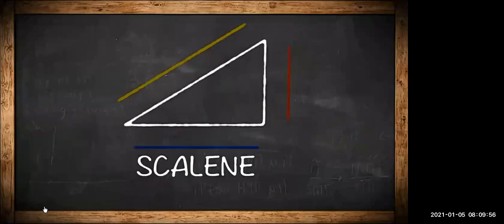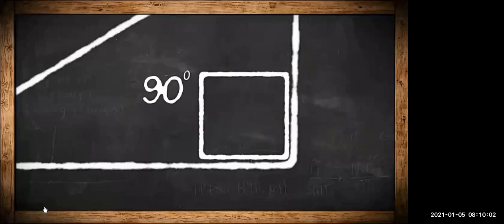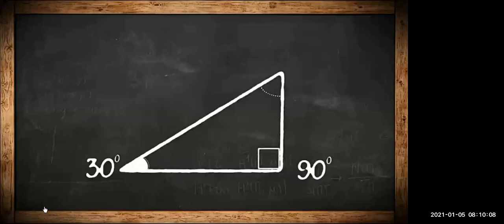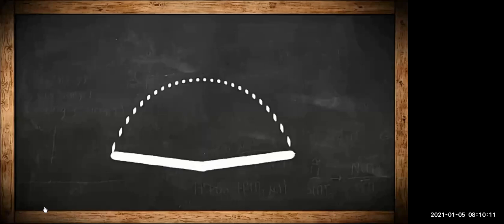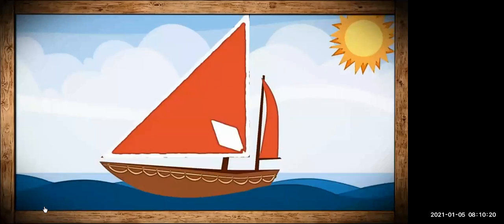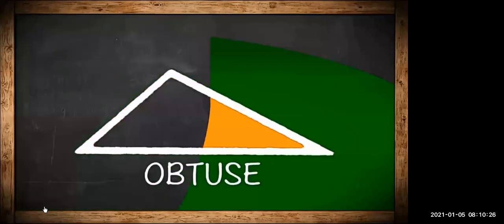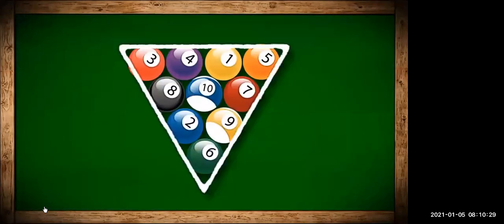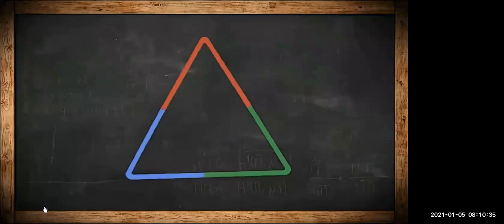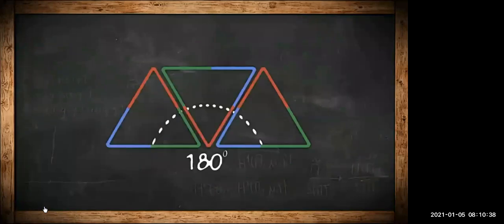That triangle would also be called right if a 90-degree angle is inside. There are two ways to classify triangles, by their sides and their angles. Like sails out on the high seas, can't be right or isosceles. Or look at the foot of this goose, it's scalene and obtuse. When you break the pool balls with the cube, they're equilateral and acute. If you add up every angle, there are 180 degrees in a triangle.